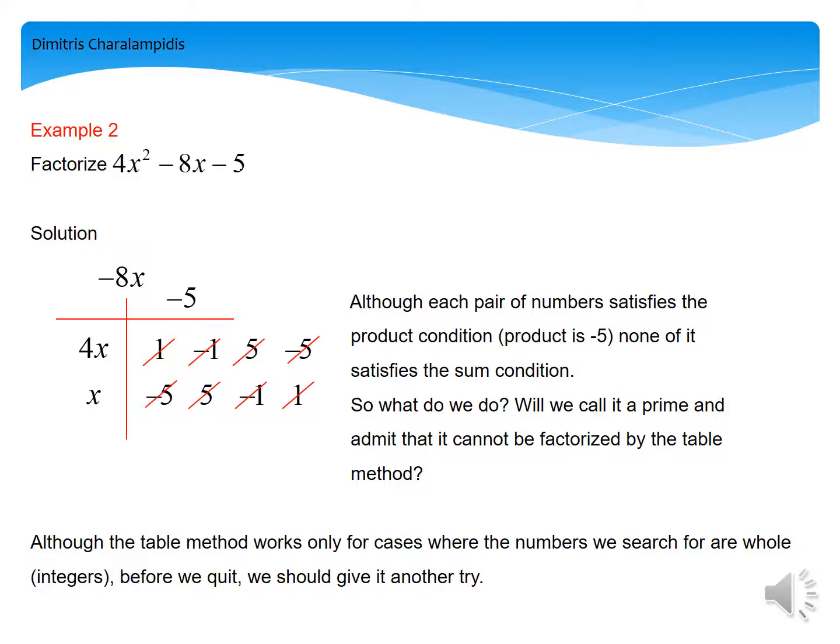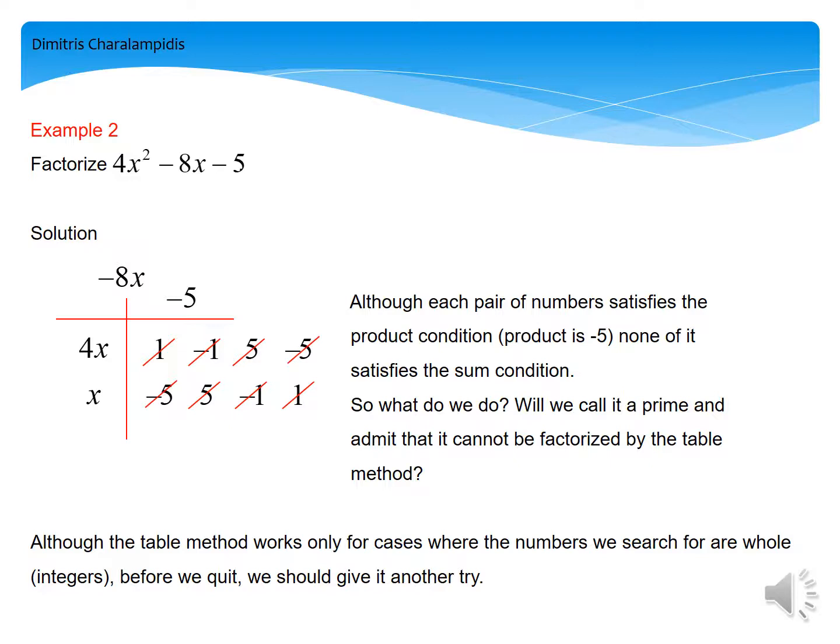So we would write minus 8x above the vertical line, and we would need to write 4x squared as a product of two terms that both contain x. So one way of doing that would be to write it as 4x and x. Next, on the right column, we would write all the pairs of numbers that satisfy the product condition.